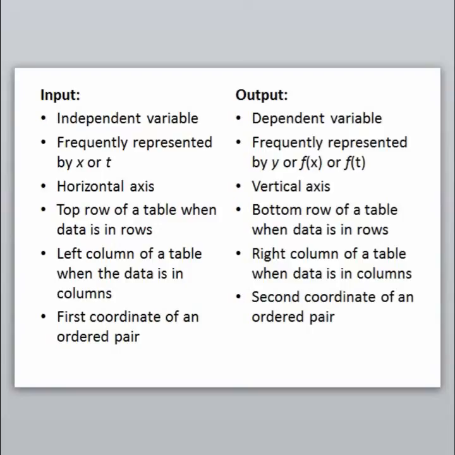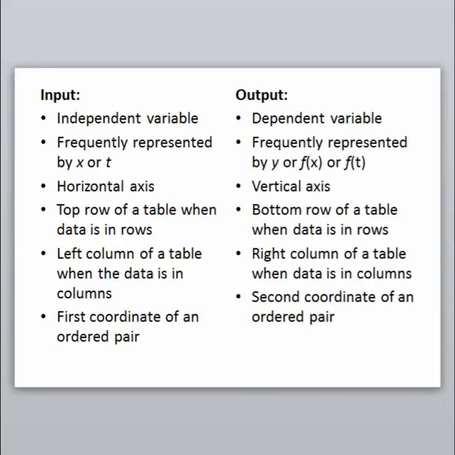The dependent variable's value is going to be based on whatever the independent variable was. The independent kind of does its own thing, and the dependent variable shows a response to it. Typically, we represent the independent variable by either the letter X or the letter T, and the dependent variable by Y. Often you'll see Y equals 2x plus 5, or sometimes we use function notation like f of x or f of t. We'll see a variety of letters as we go forward.